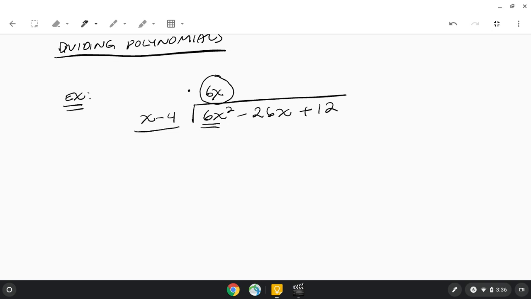So what we do now is we distribute the 6x that we wrote on top to the x minus 4. So 6x times x is 6x squared. 6x times negative 4 is negative 24x. And just like regular long division, we're going to go ahead and subtract this.